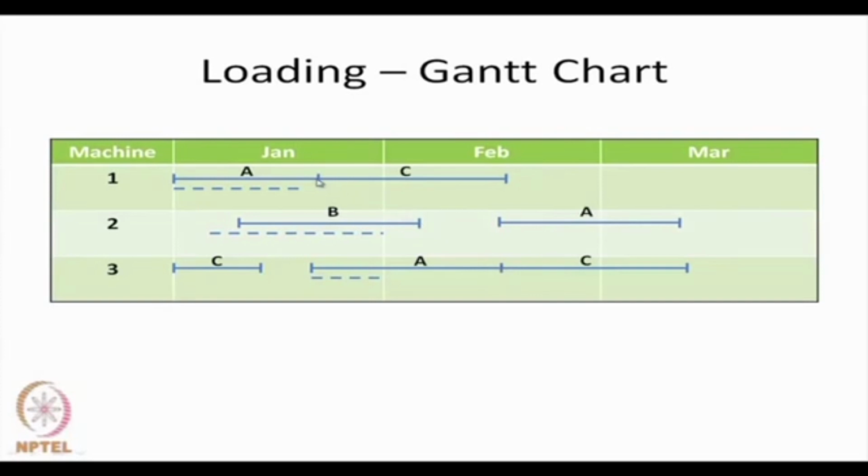In a similar fashion, order C work completes in machine 1 somewhere here in February, and only after that the operation on machine 3 for order C can start. So, this diagram shows how the different machines are loaded at different points of time, and we can see that, for example, here machine 2 is not being utilized fully, or that machine 3 is not being utilized fully.